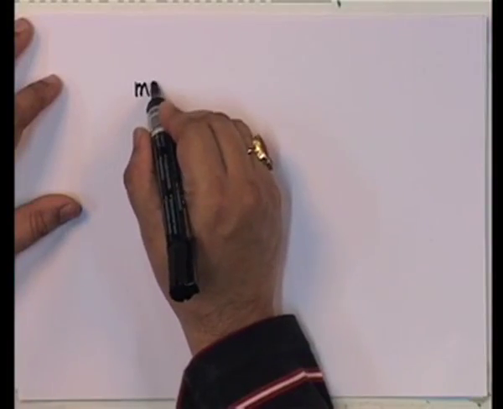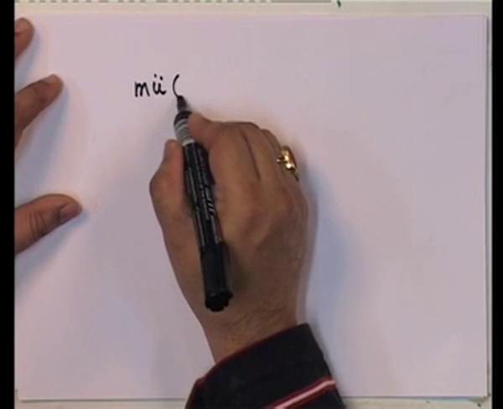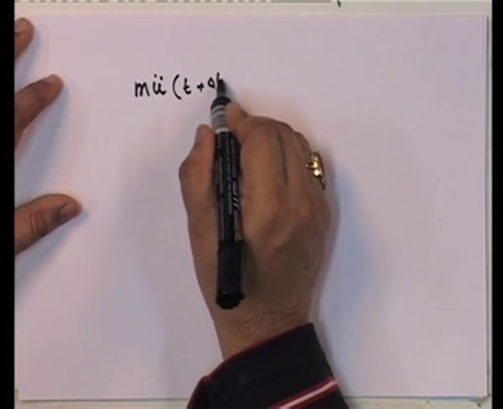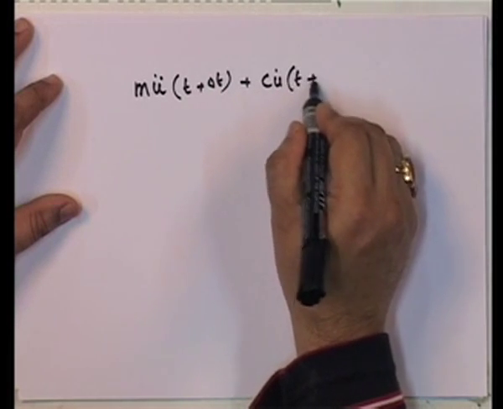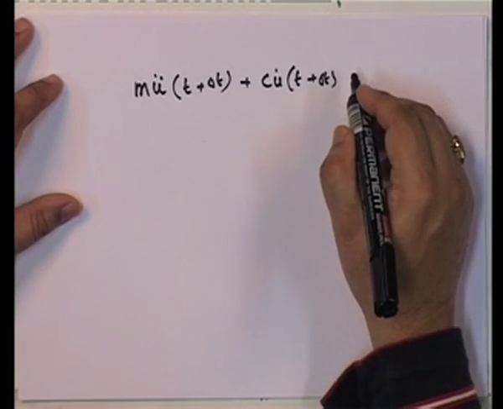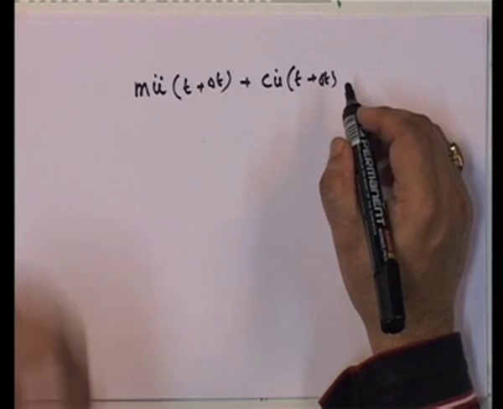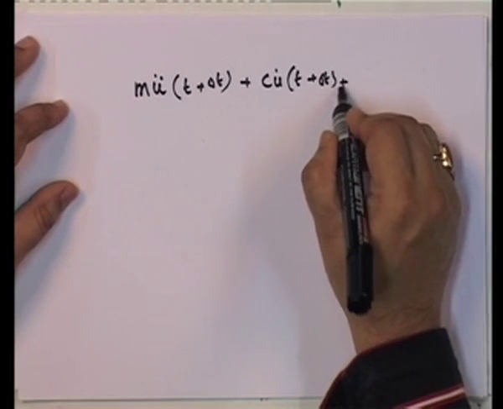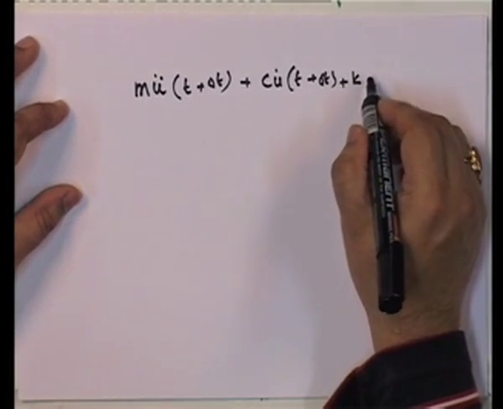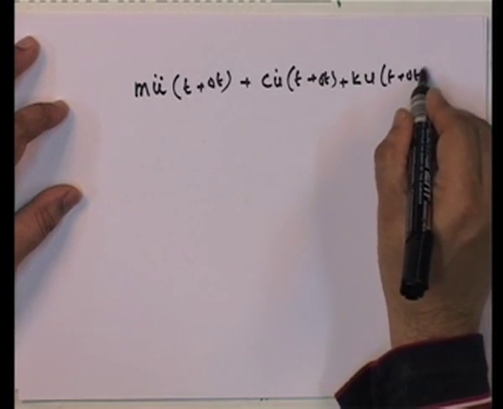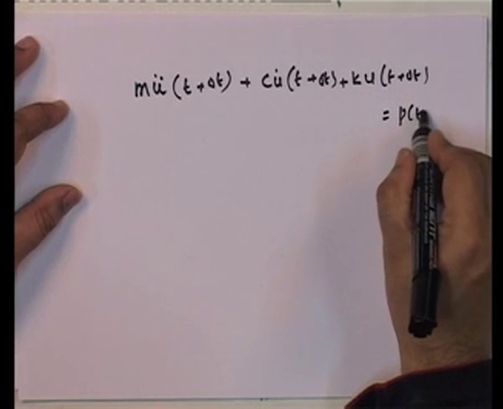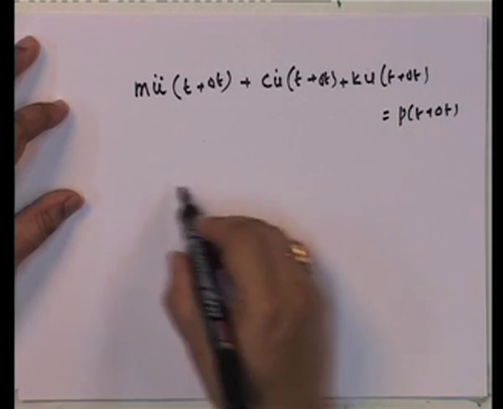So, note that what I have is m u double dot t plus delta t, c u dot. This is at the end at an instant of time t and at an instant of time t plus delta t. I have k u of t is equal to p of t plus delta t, okay.